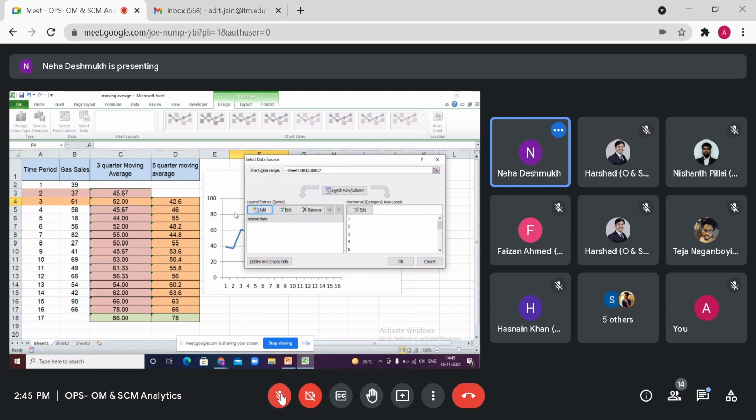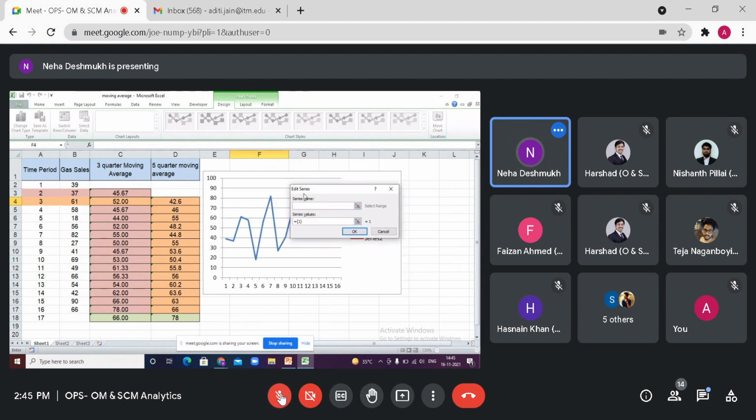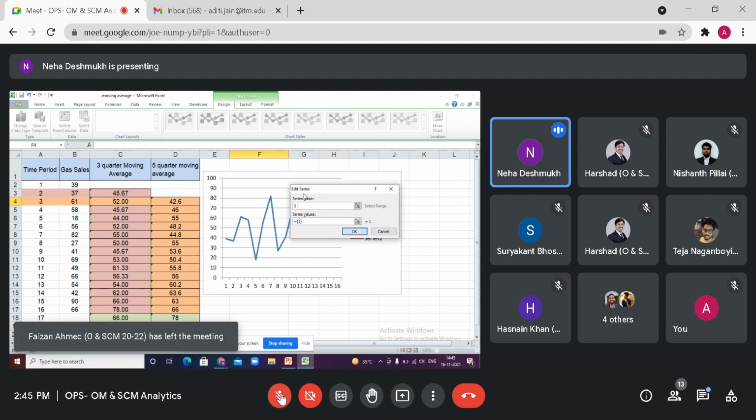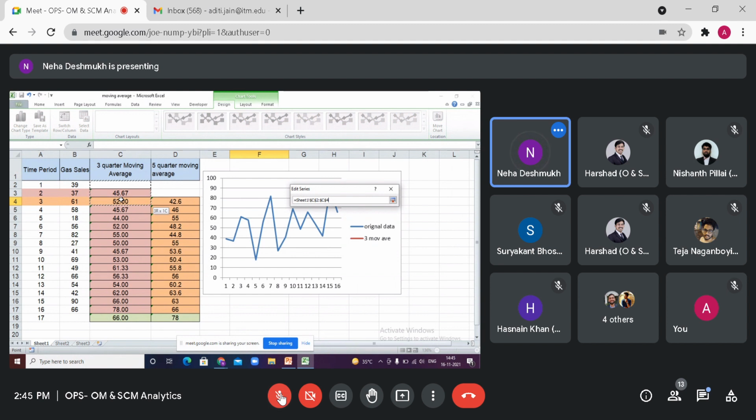Again, add the next data, three moving average. Select the three quarter moving average from cell number 2.